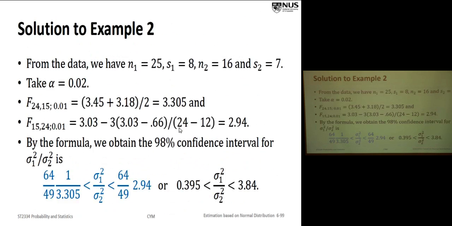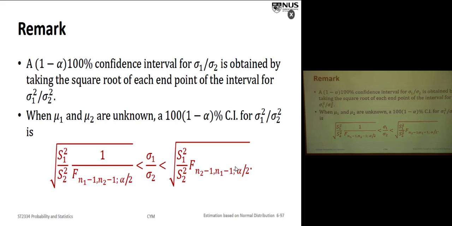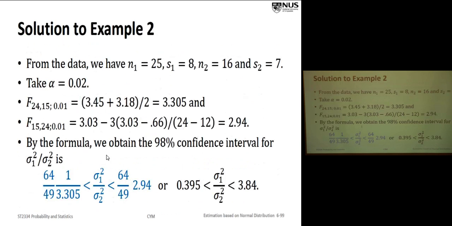What we're told is that sample 1 has size 25 and standard deviation 8. Sample 2 has sample size 16 and standard deviation 7. And we have a 98% confidence interval. For this there is an interpolation technique, which I refuse to cover, but you could get these from tables if you had the table values. These F values are needed here. Now you're just substituting into the formula.